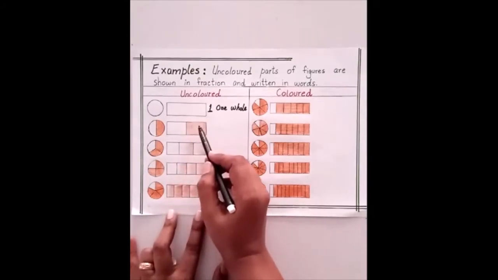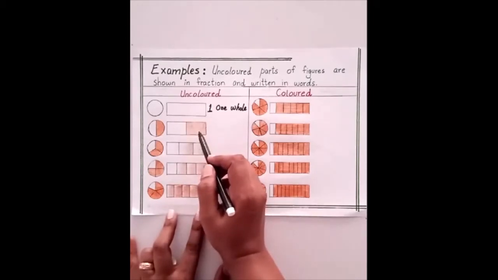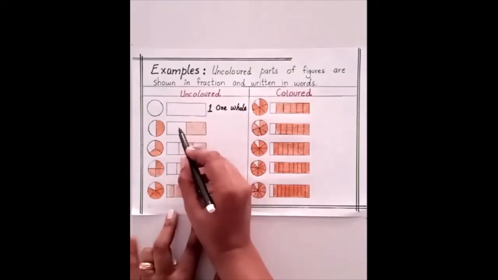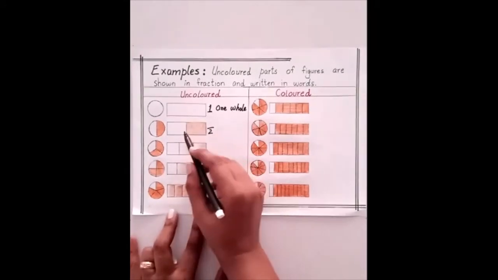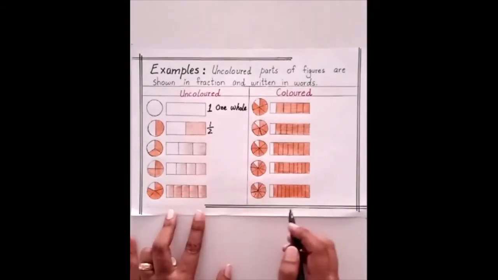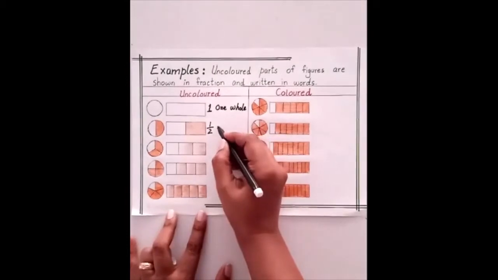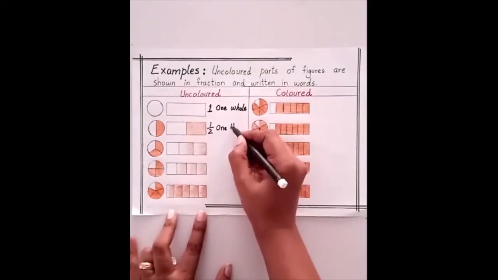Half of it is colored and half of it is uncolored. So we will write the whole portions under and the portions uncolored over here as a numerator. And in words, it will count 1 half.